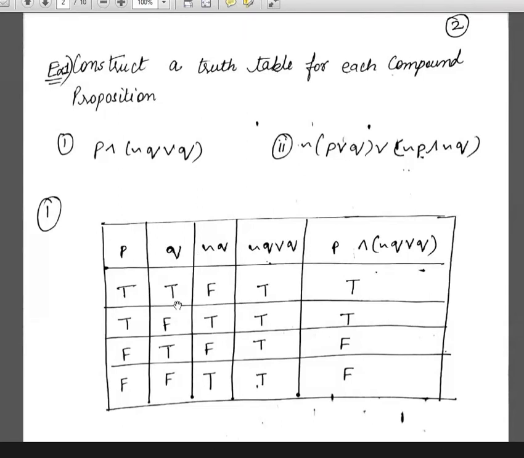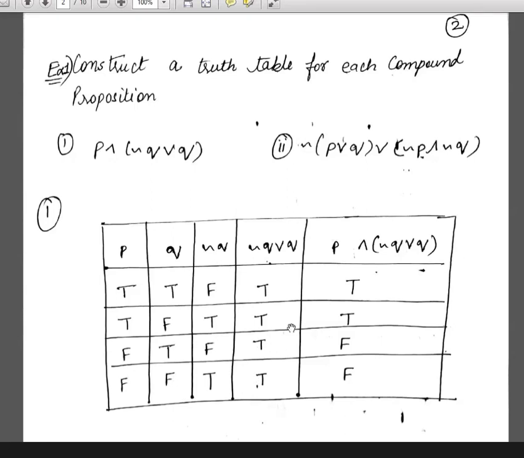True false makes true, false true makes true, because if any value is true, then the answer is true. True false makes true, and false true makes true. So all values are true.